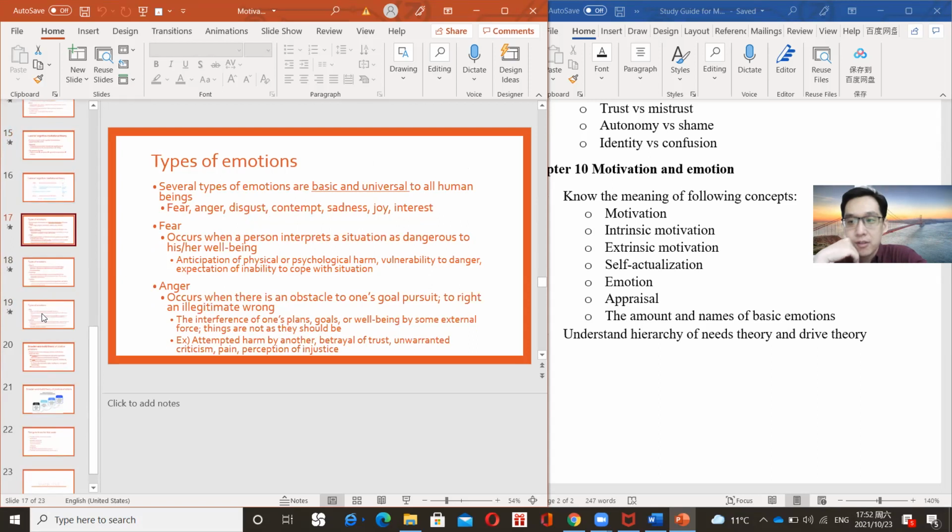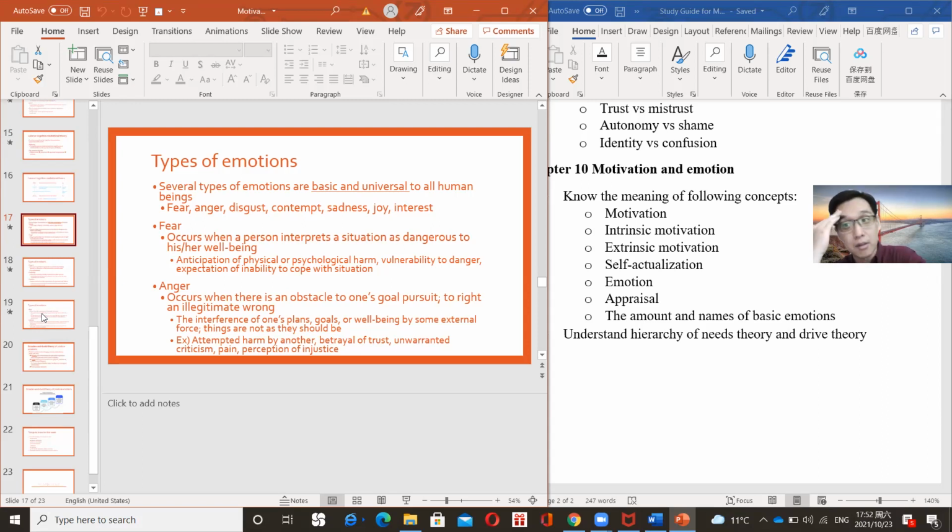So we need to know amounts. There are seven types. What are they? There are fear, anger, disgust, contempt, sadness, joy, and interest. So those are the 7 types of emotions that everyone has, and those are basic emotions.